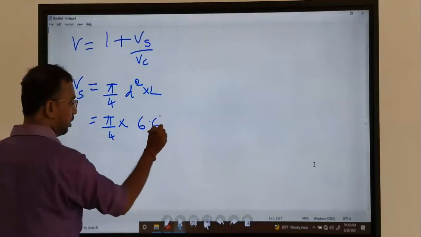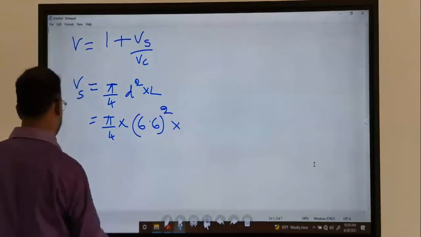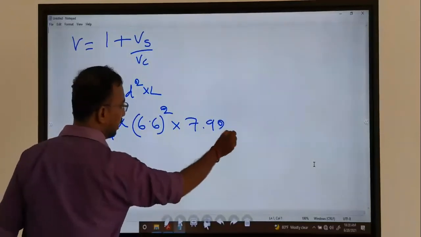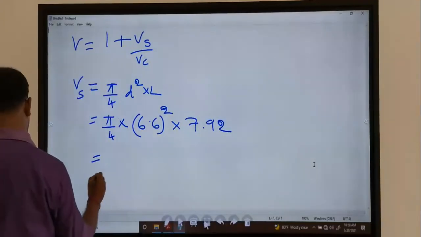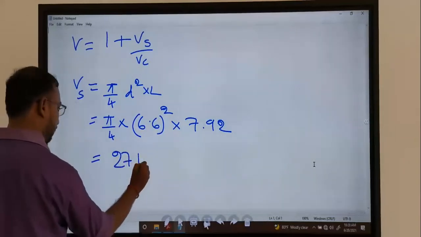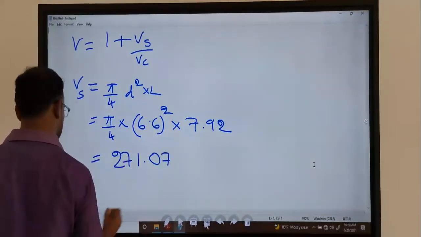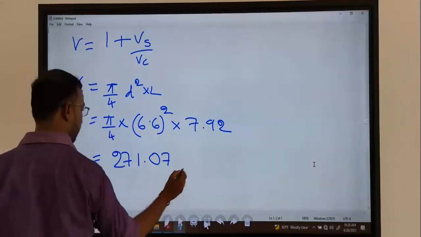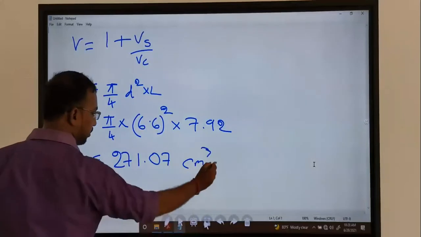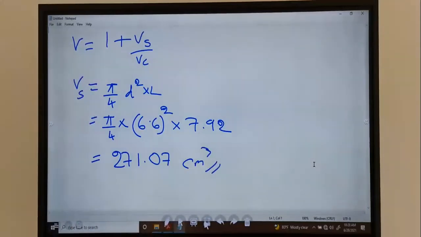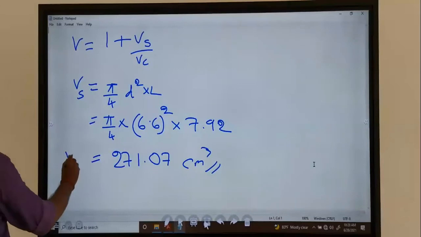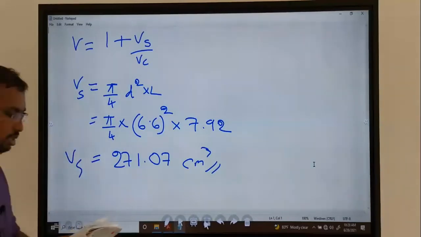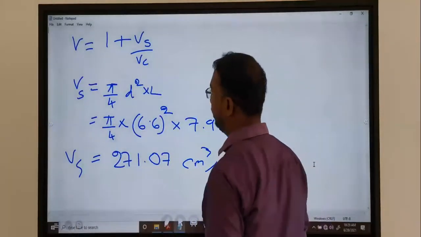Here we already said we use the centimeter, so 6.6, and here also 79.2 is 7.92 centimeter. So we find 271.07 centimeter cube. So this is the stroke volume, Vs.